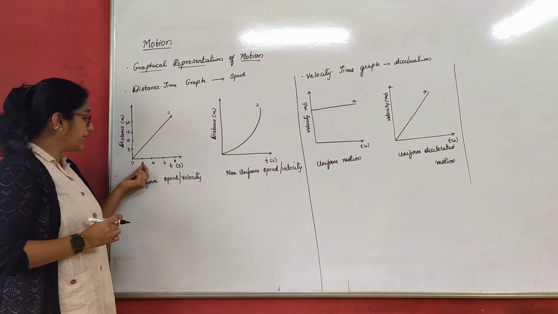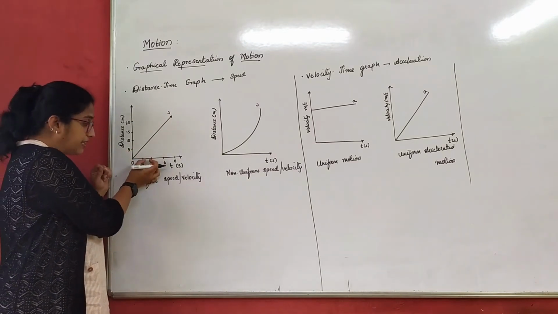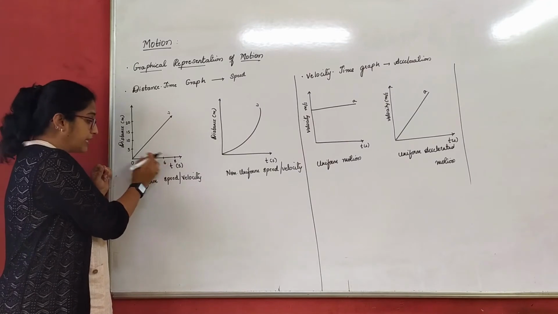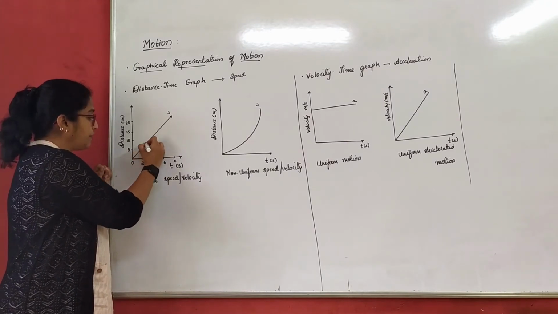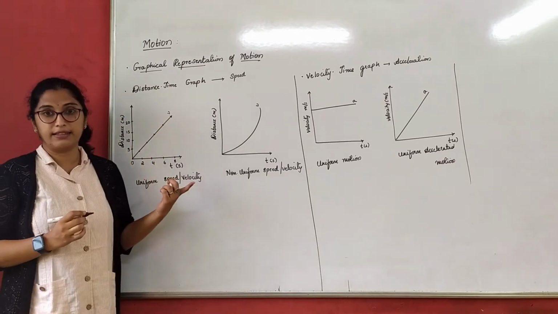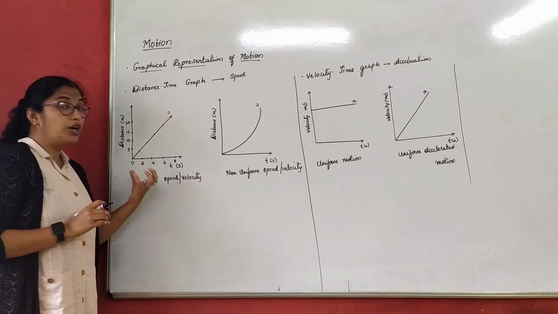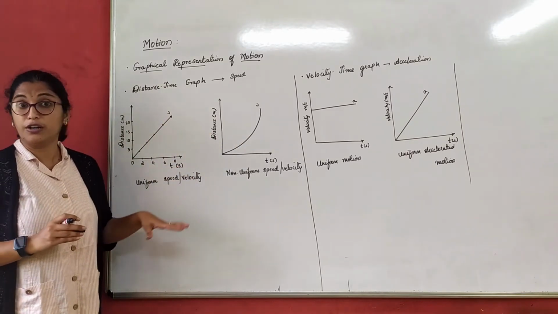So at 2 seconds, the body has moved 5 meters. After again 2 seconds, that is at 4 seconds, from 0 if I consider, the body has moved 10. So if I go on plotting here, this graph comes like this. This means the body is moving equal distance in equal intervals of time.